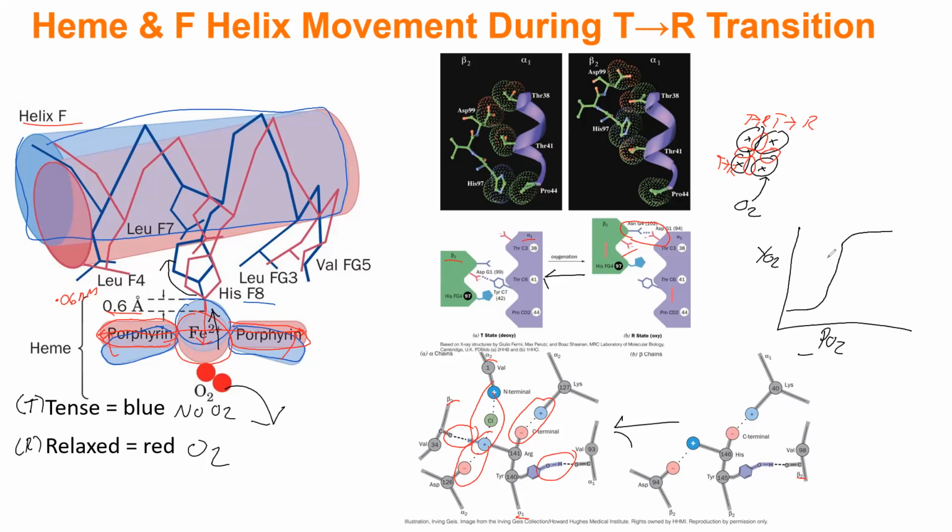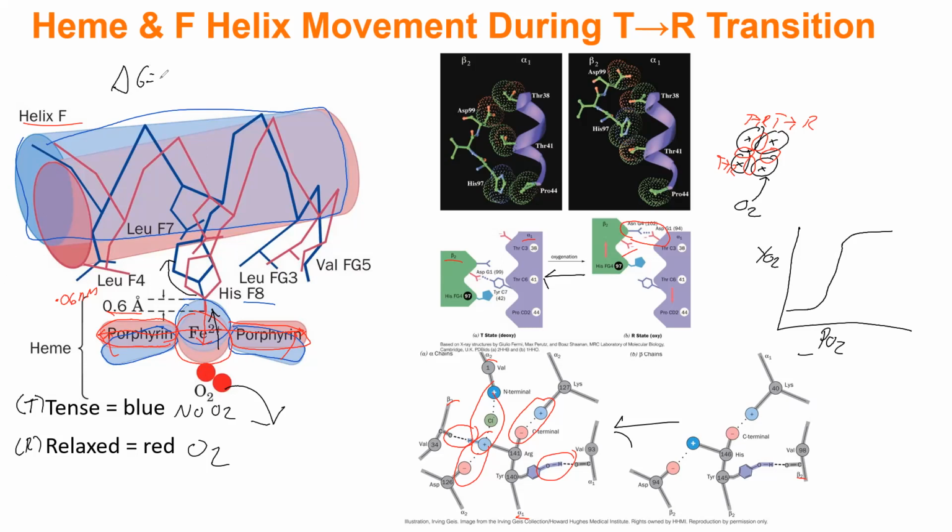And under conditions of low oxygen, if hemoglobin finds itself in an area of low oxygen concentration, we are now talking about entropy again, right?